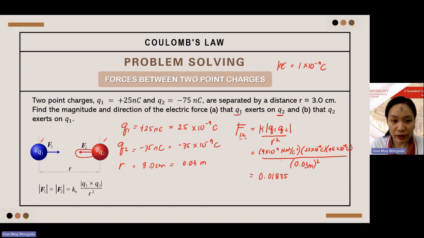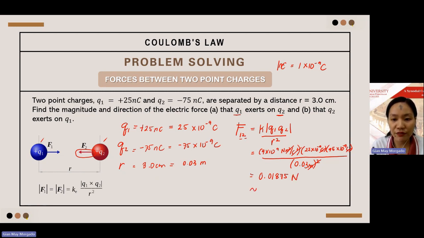Obviously, since we're looking for force, that would be newtons. But just to do the dimensional analysis, we have coulombs times coulombs, that would be coulomb squared. That will cancel the coulomb squared in the Coulomb's constant. And then we have a meter squared as the denominator. This will cancel the meter squared on top. What's left is newtons.